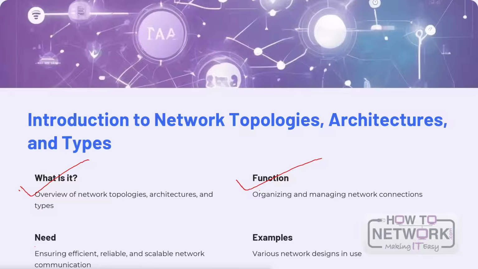Examples include LAN, WAN, MAN, and VPNs, each tailored to a specific need and environment. So a thorough understanding of these concepts enables network professionals to select appropriate topologies, architectures, and network types that best suit the specific requirements of their network.